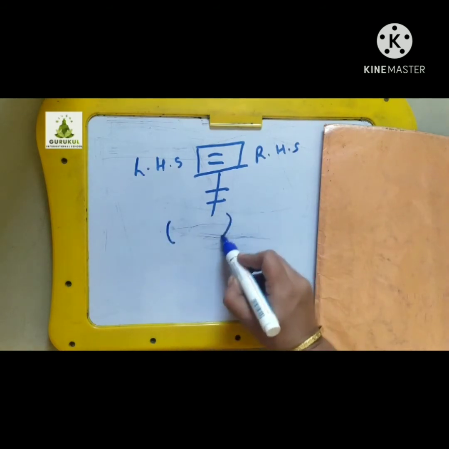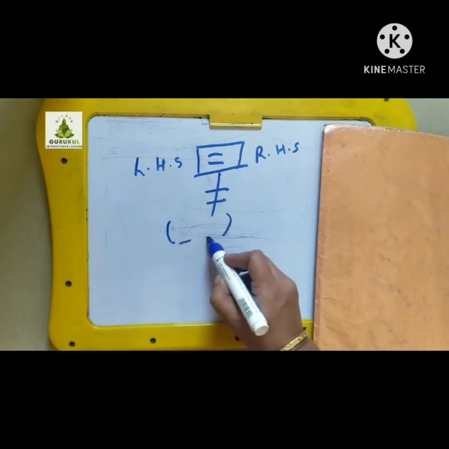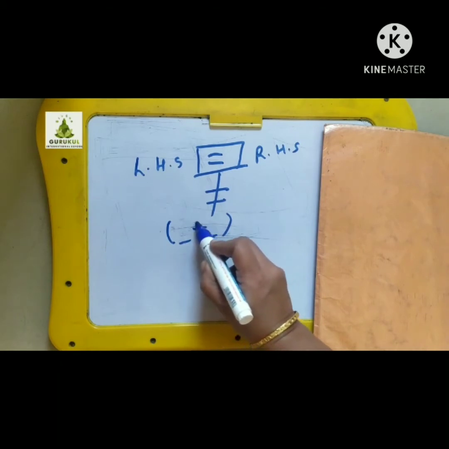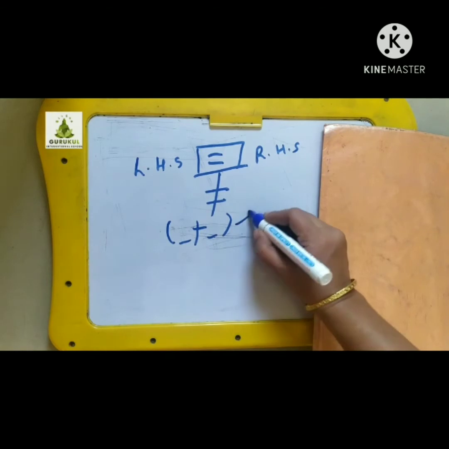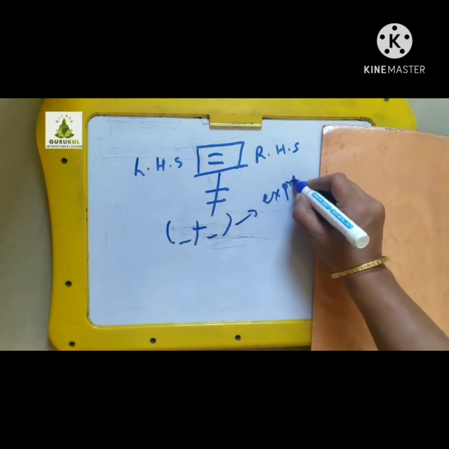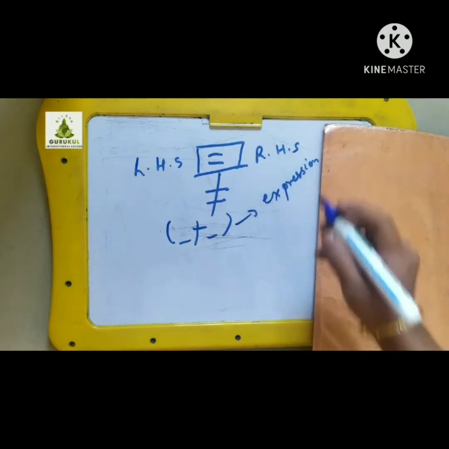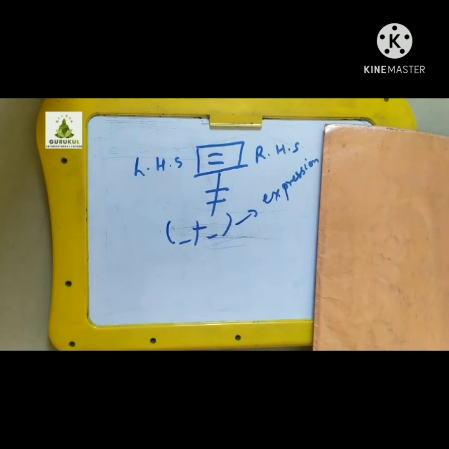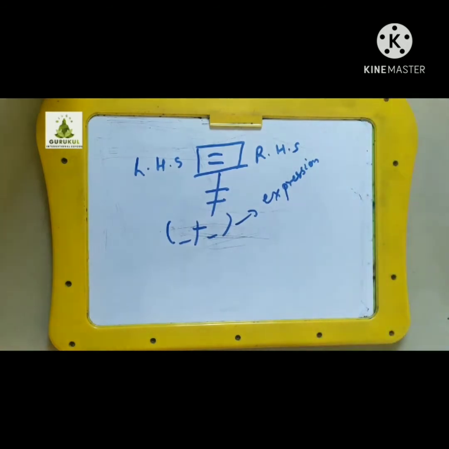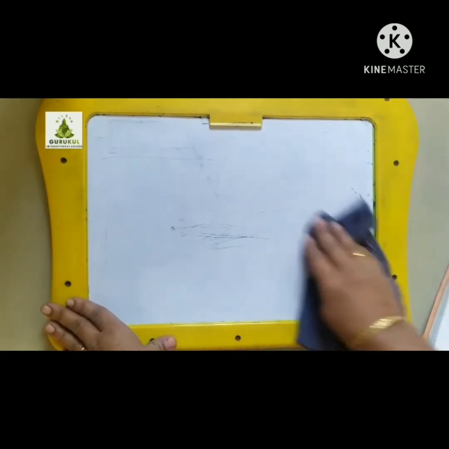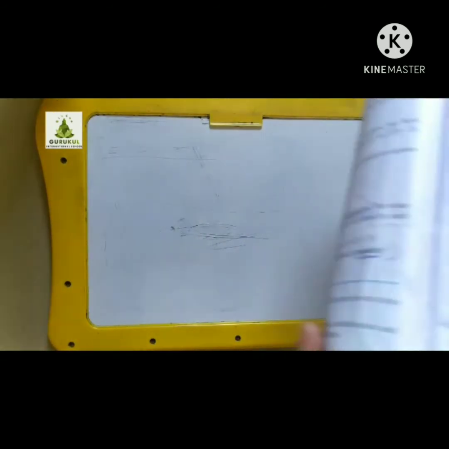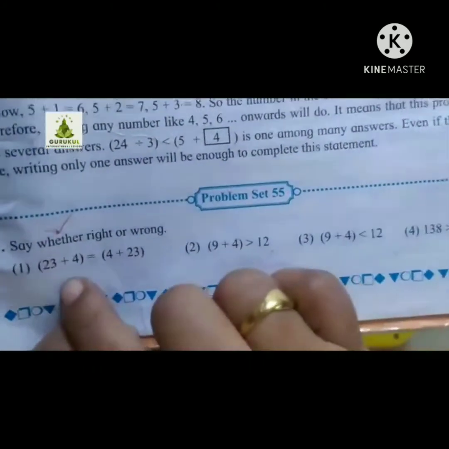And inside the bracket, whatever numbers are there, you carry them along with some operation, we say it has to be an expression. So these are the basic things that we have studied. Now we are just going to apply them in the coming exercise, that is 55. Okay. So the first question of the exercise tells us, say whether right or wrong.